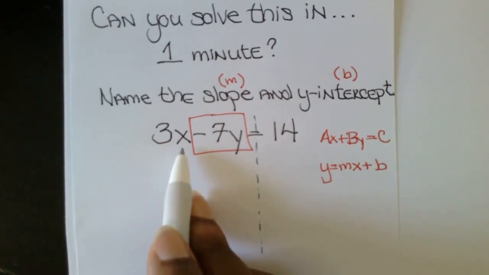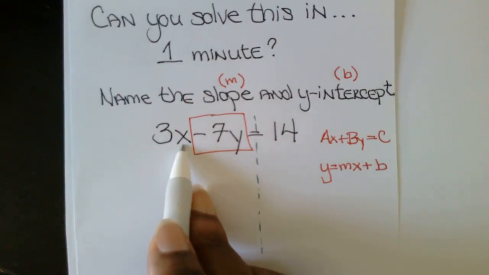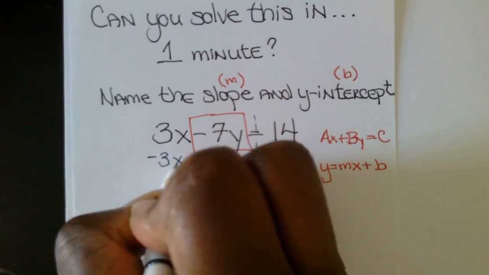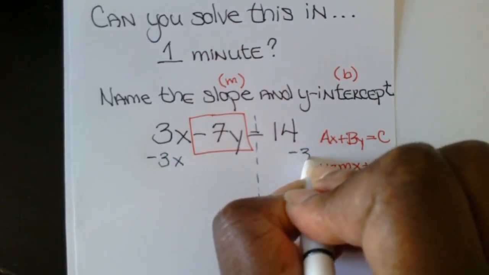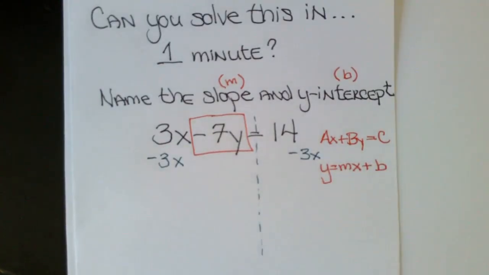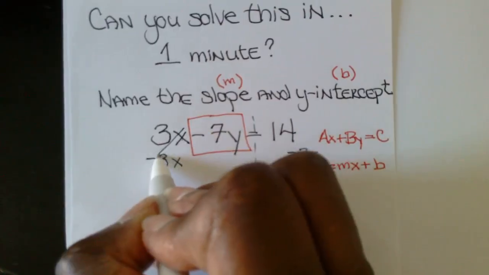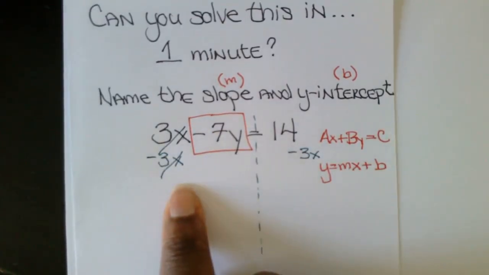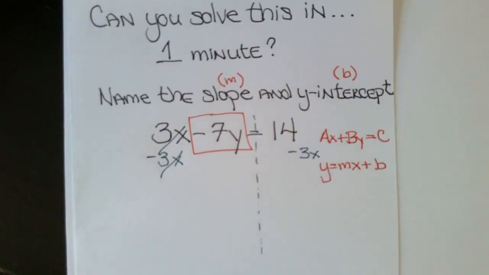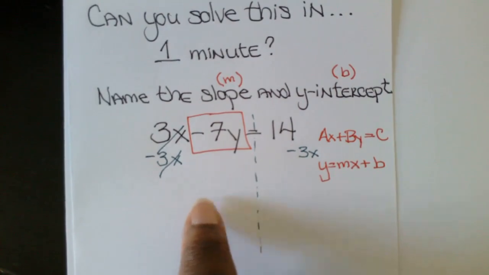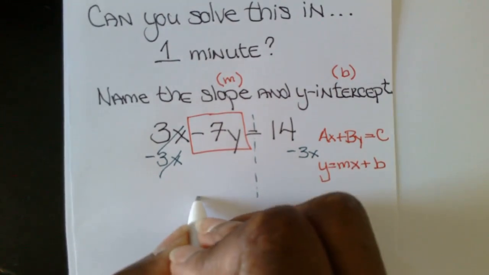So we're doing the inverse of a positive 3x by subtracting 3x. Okay, so 3x minus 3x gives me 0. I don't need to bring the 0 down because I still have my negative 7y on the left-hand side. So I'm going to bring it down.